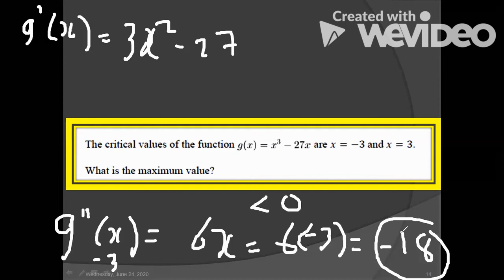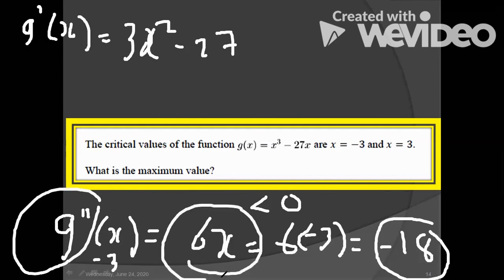Let me say this again. When x is equal to -3, the second derivative is -18. Now, why is that so? Let me run it again. Because when you differentiate it a second time and input -3 in the expression, we get a numeric value of -18.